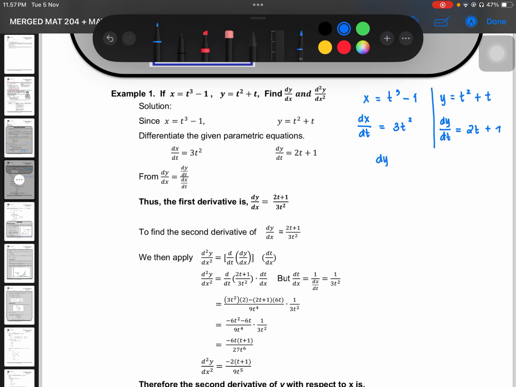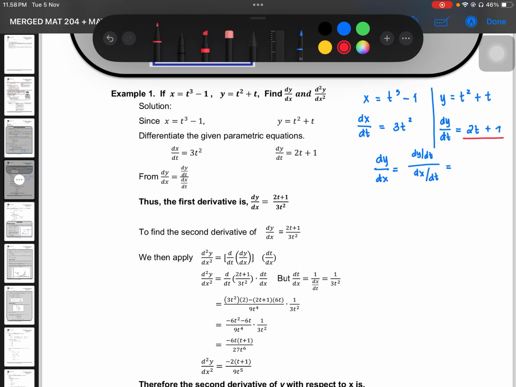Okay? So, dy over dx is equal to dy over dt, all over dx over dt. Okay? So, with that, we just substitute. Ano dy over dt natin? Diba? It is 2t plus 1.